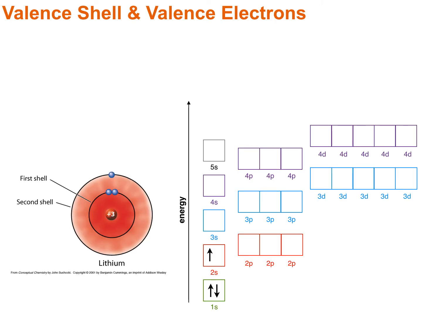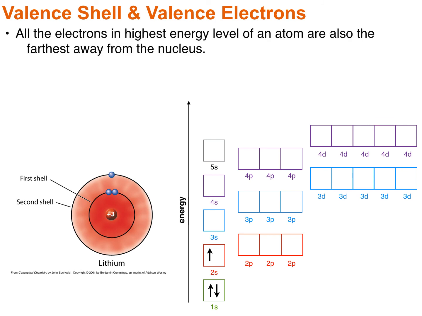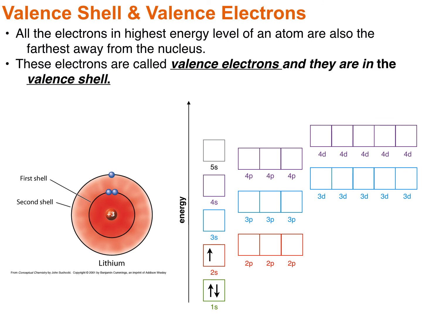All right, so now that we talked about electron configuration, it's important for us to understand valence shell and valence electrons. So all the electrons in the highest energy levels of an atom are also the furthest away from the nucleus. Now, since they're furthest away from the nucleus, that means they're the most reactive. Because if you think about it, the only thing holding those electrons there is the electrostatic interaction, the positive charge of the nucleus, right?